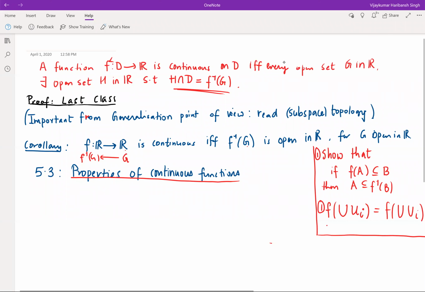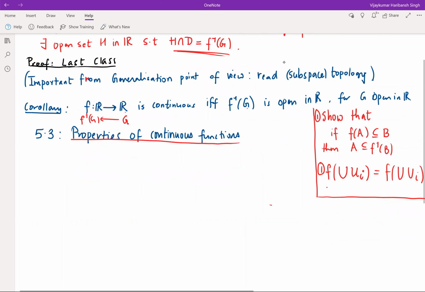And in fact, when you're doing topology where you don't have access to the elements inside, you define a function to be continuous. So let me just briefly digress on that, not necessary for our course.